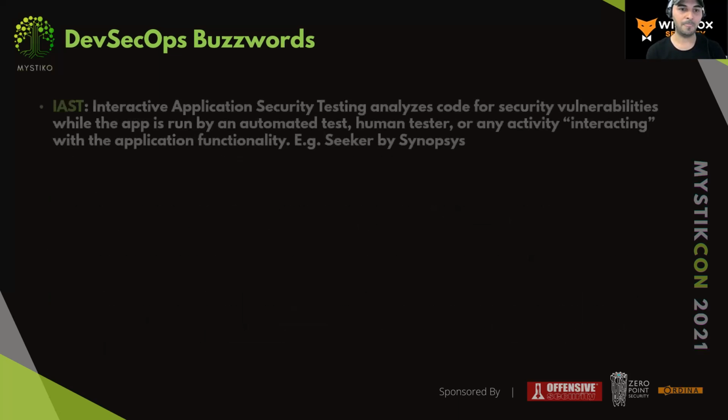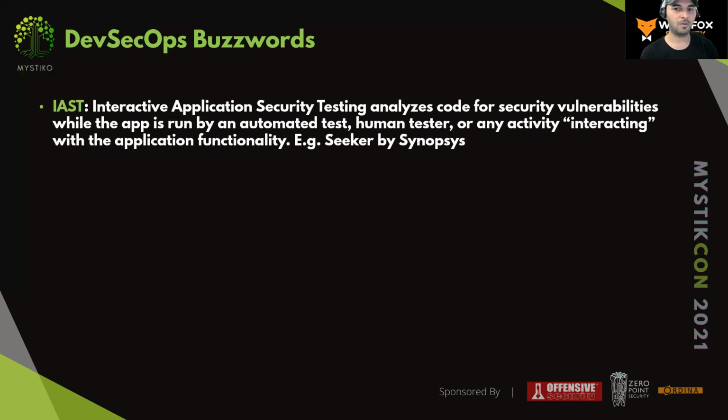Moving on, another type of testing which is now making noise in the DevSecOps space, or just in the security space in general, is called interactive application security testing. This type of testing sits between SAST and DAST, and it takes all the pros from these two types of testing. What interactive application security testing tries to do is that your application will run, but there are agents deployed on your application servers, so this type of testing is done within the application.